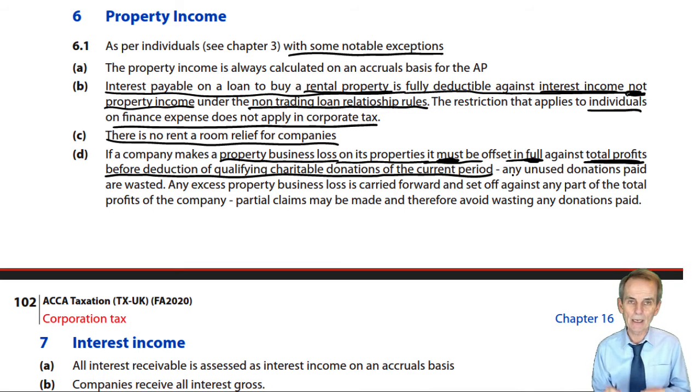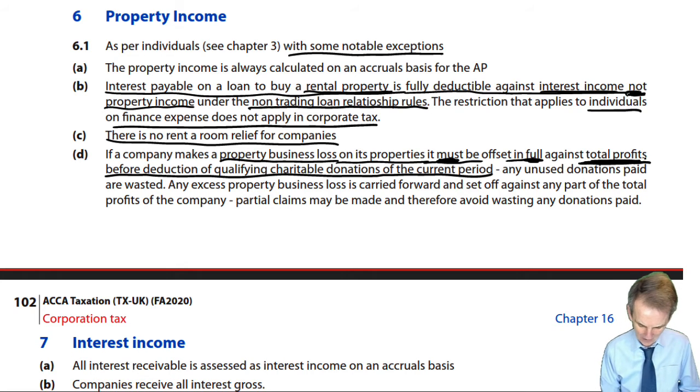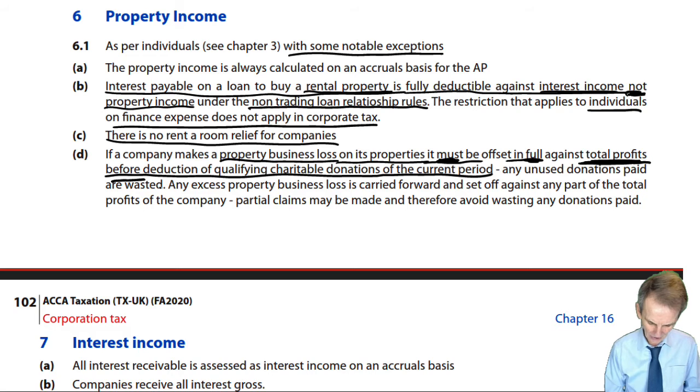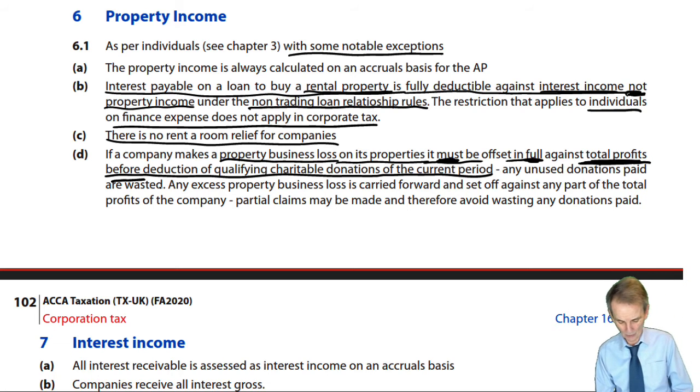but that loss must then be offset against total profits before the deduction of the qualifying charitable donations of that current period.